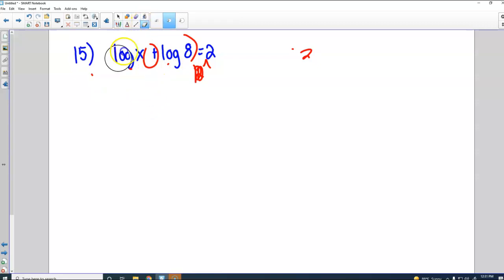So if you see something where you've got more than one log, we need to use our property of logs to condense them, and then we can solve the equation.